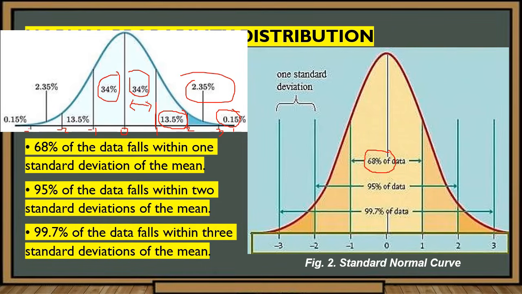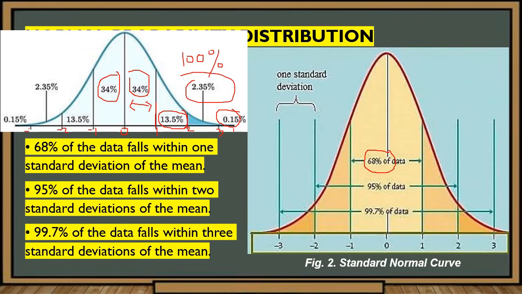So if we add all these percentages, it will be equal to 100%, or 1. This already represents the probability of our normal random variable, or normal distribution.